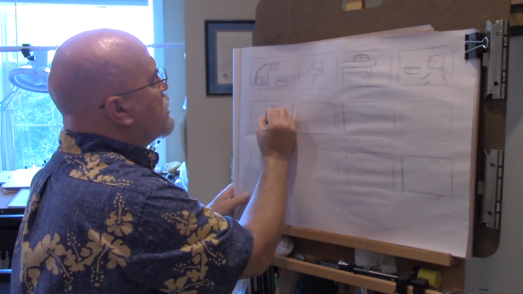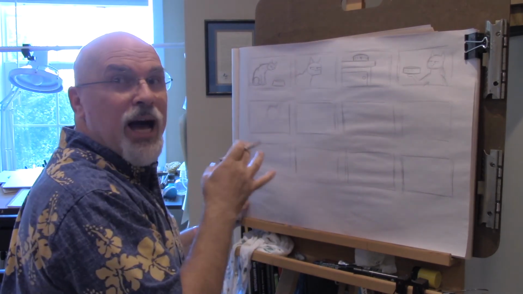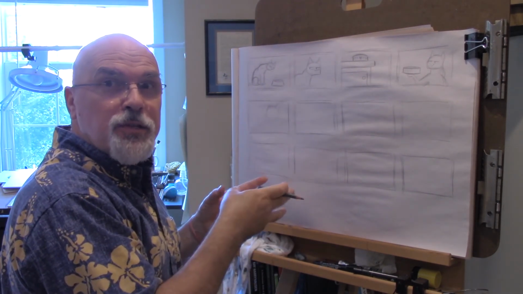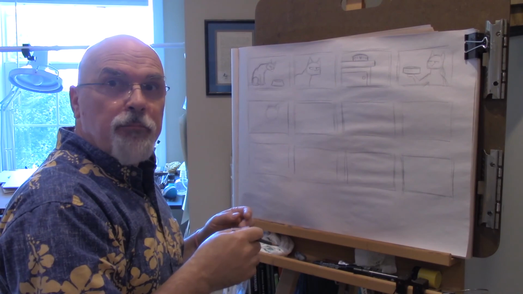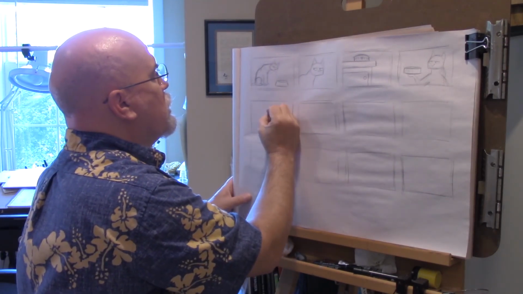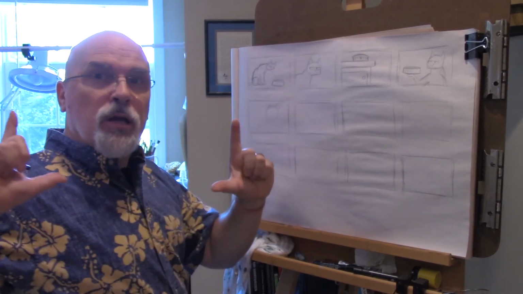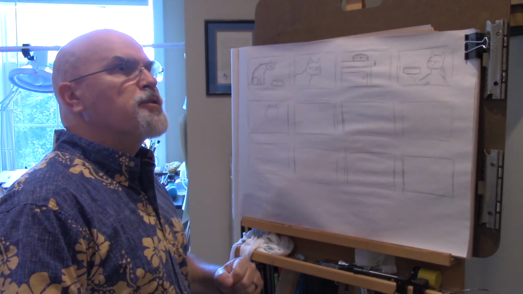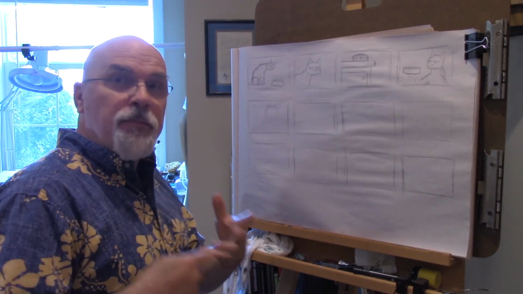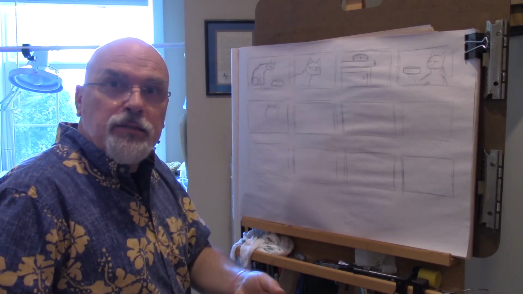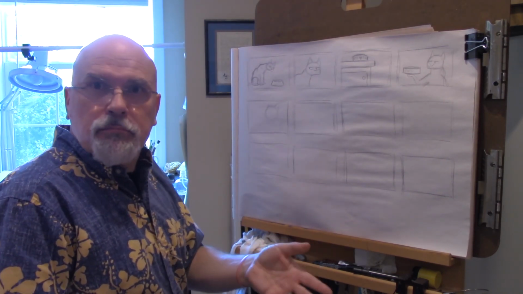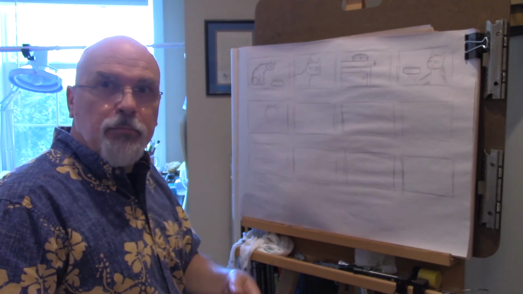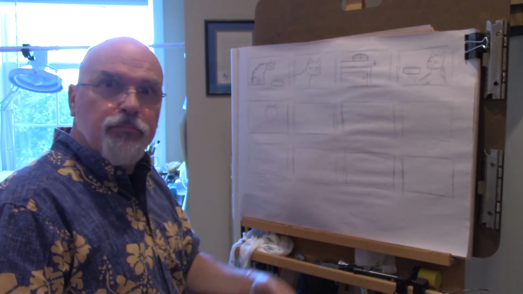Another reason is if you want to hide something from the audience, so you want to save a little bit of information for later. Like if you have somebody walking along and you're close on their face, and they stop, and then they get an expression, and look down, that's another reason, because you can surprise the audience. What did they step in? It could be a mud puddle. It could be a cow pie. It could be a bear trap.